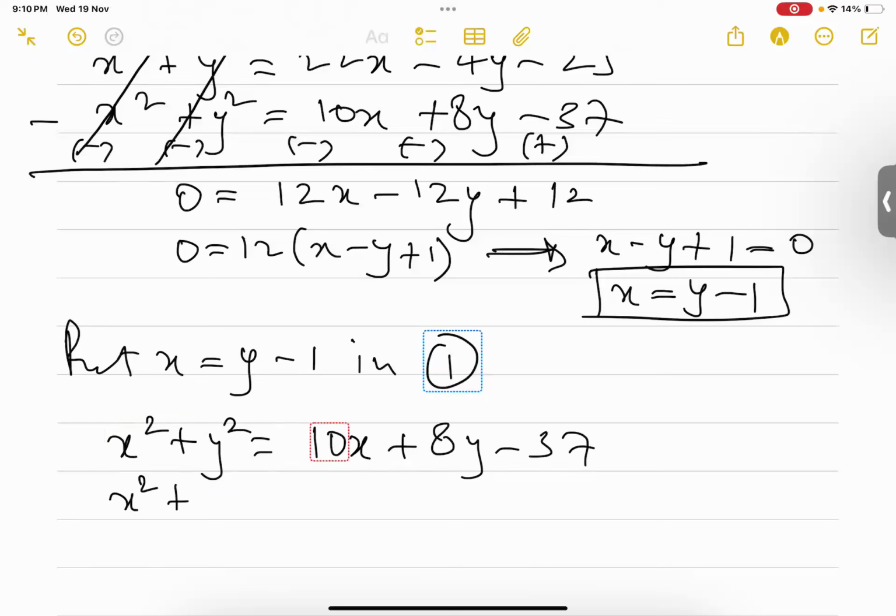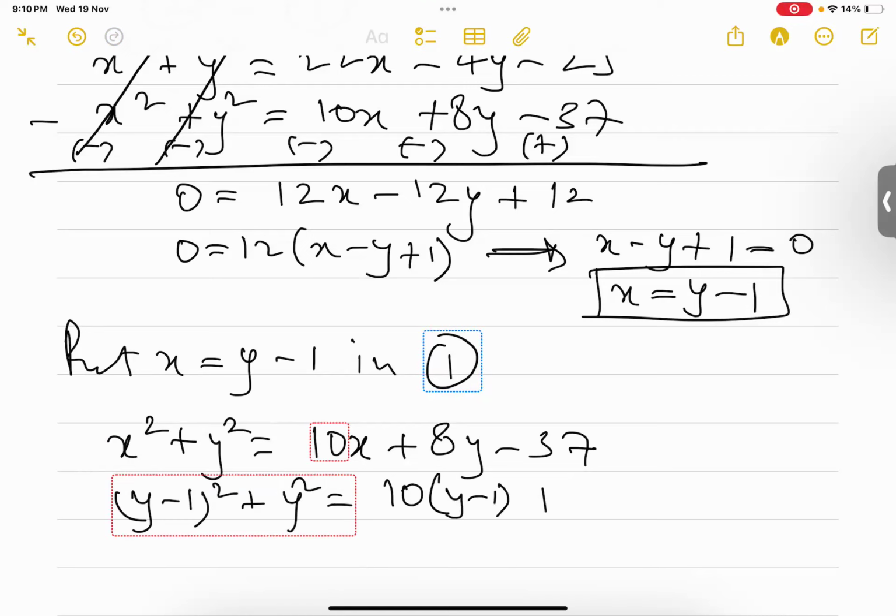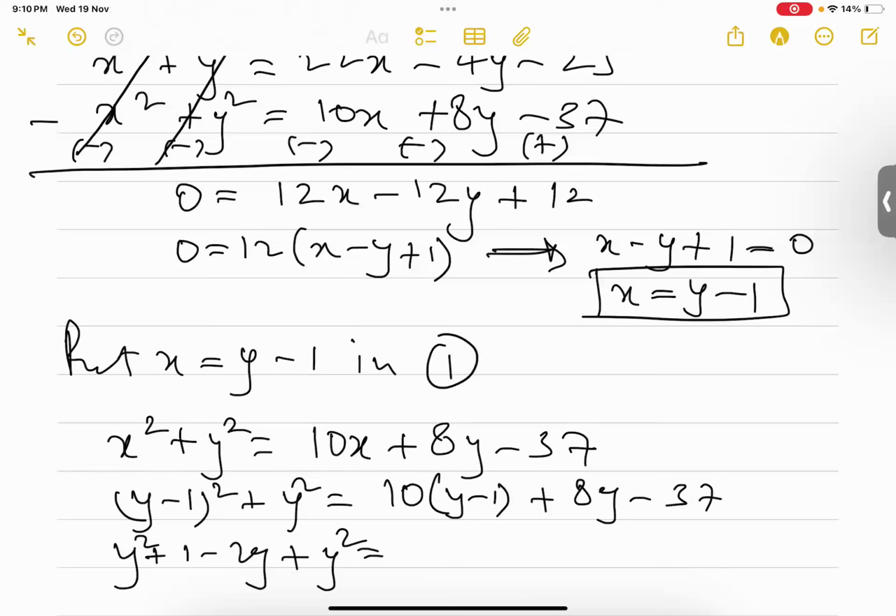So (y minus 1) the whole square plus y square equals 10 into (y minus 1) plus 8y minus 37. You may solve this: y square plus 1 minus 2y plus y square equals 10y minus 10 plus 8y minus 37.